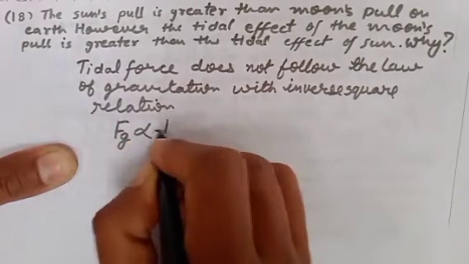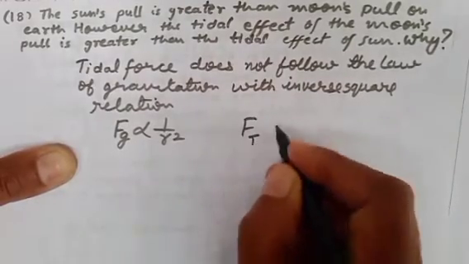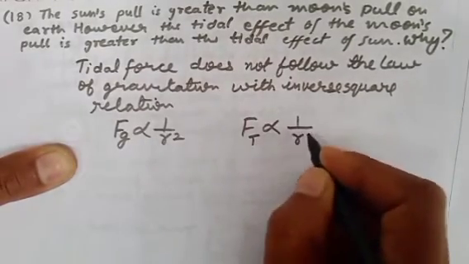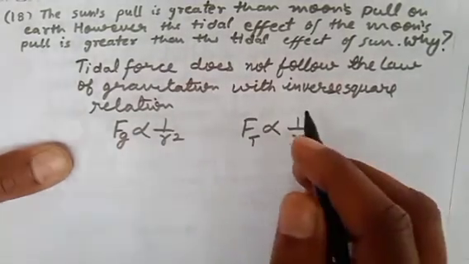Gravitational force is inversely proportional to r square, whereas tidal force is inversely proportional to cube of distance, approximately. It is not an exact thing.